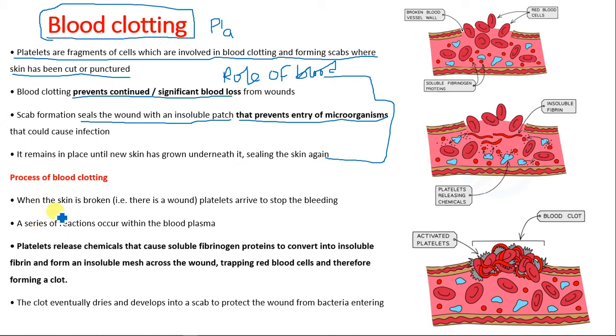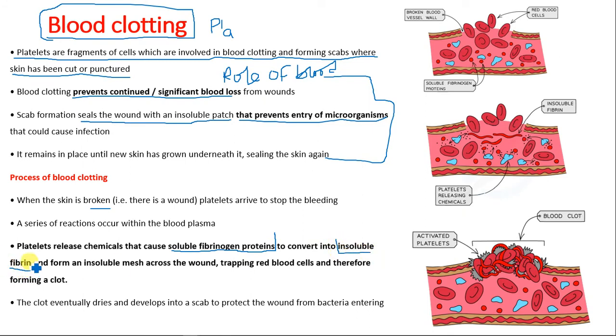So, the process of blood clotting. First, when the skin is broken, that means there is a wound, and platelets arrive to stop the bleeding. A series of reactions occur within the blood plasma as platelets arrive. Take note, this is the major stuff you need to know. Platelets release chemicals that cause soluble fibrinogen protein to be converted to insoluble fibrin.